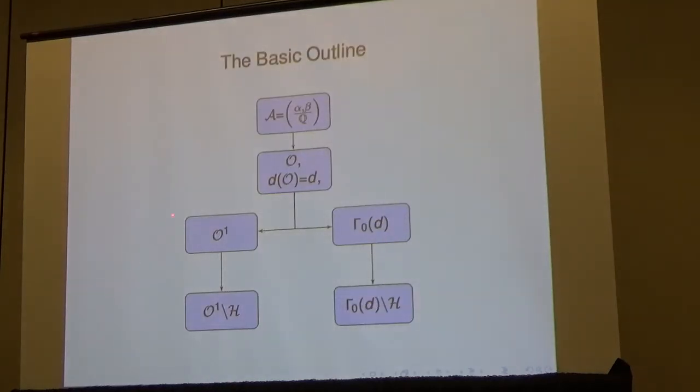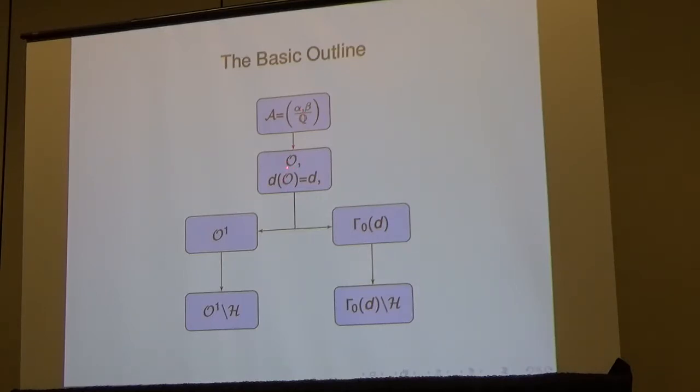So the basic outline, and this is where the talk is associated with the business of Quaternion algebras. What we start with is a Quaternion algebra over Q, and those definitions were in the earlier talk. And then I take an order in the Quaternion algebra, in a general sense.